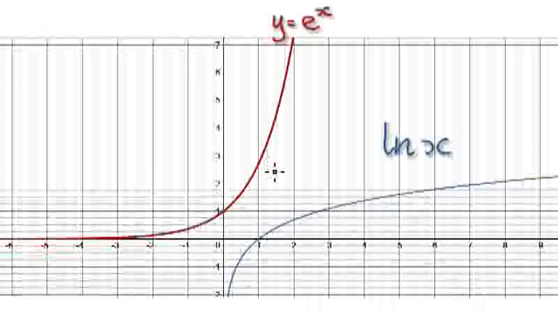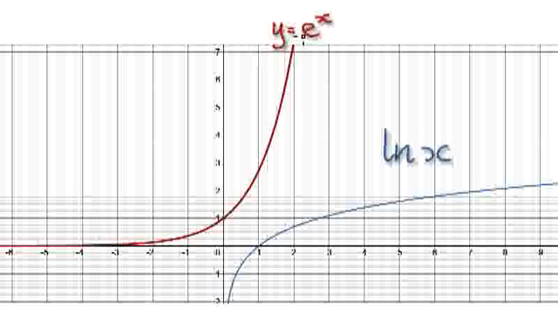So now we have a function y equals e to the power of x here. If you get a graph plotter and plot natural log of x, there should be a button on your calculator looking like ln. That's your natural log.